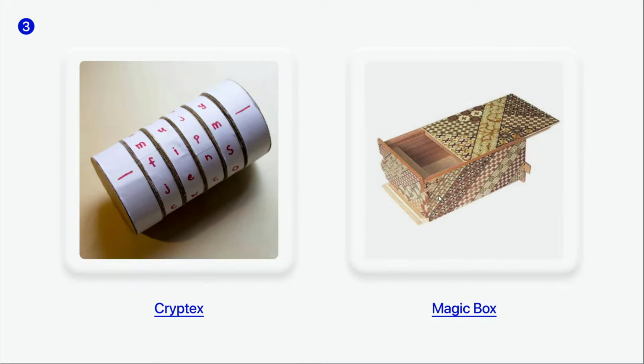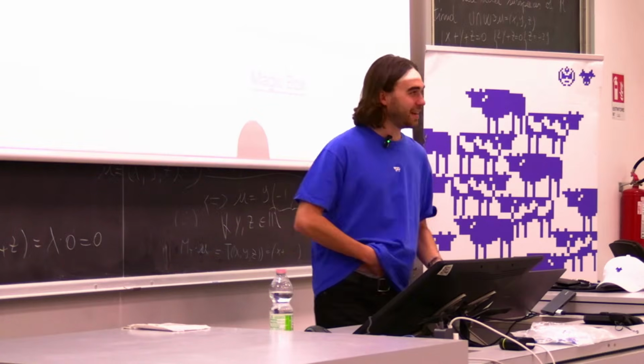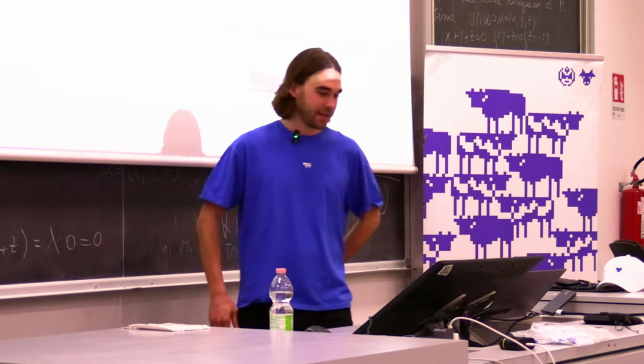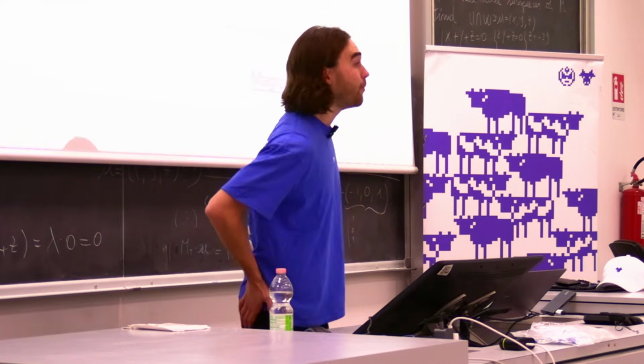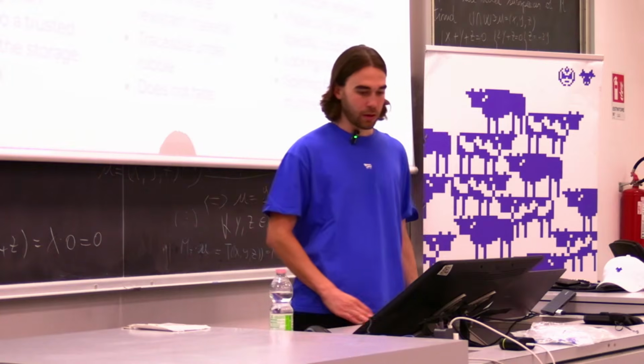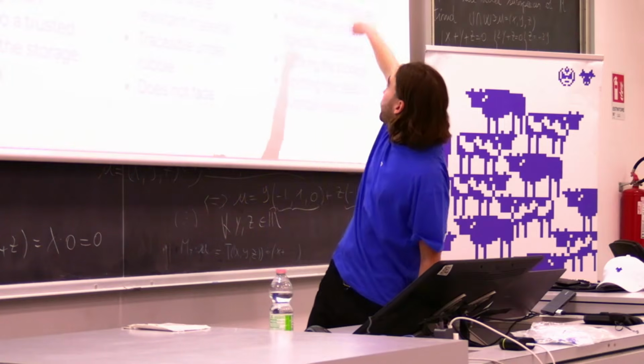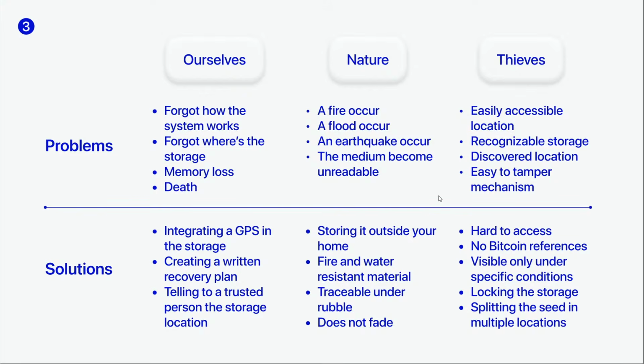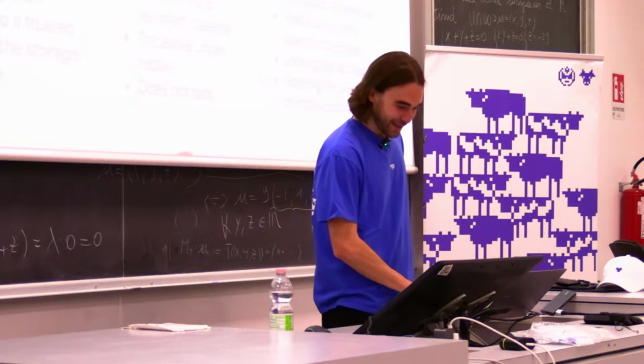Again, maybe you don't store 10 billion worth of Bitcoin there, but it's a nice and especially not obvious place. If you want to protect against thieves, you don't want a metal box with a big Bitcoin logo on it, because it's kind of obvious that there is probably something inside.